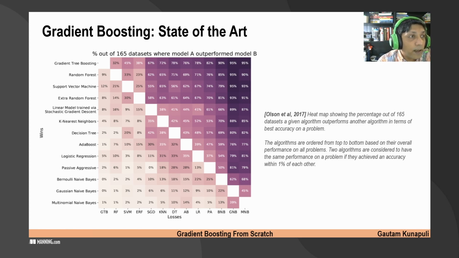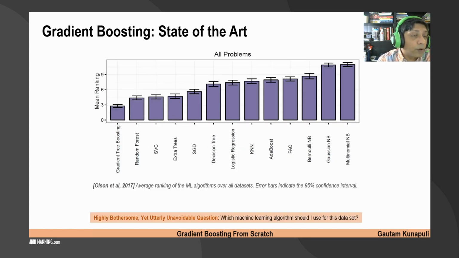So for instance, random forest was only able to beat gradient boosting 9% of the time on these 165 data sets, right? So if you were to go ahead and rank all of these algorithms, you'll see that gradient boosting, and these are all results from this paper by Olson et al., is in fact the most successful on a wide variety of data sets that they considered in their study.